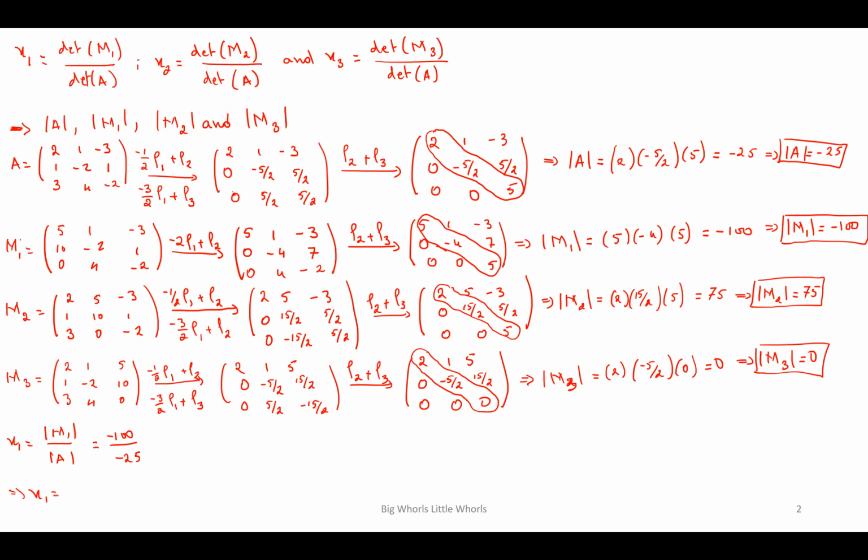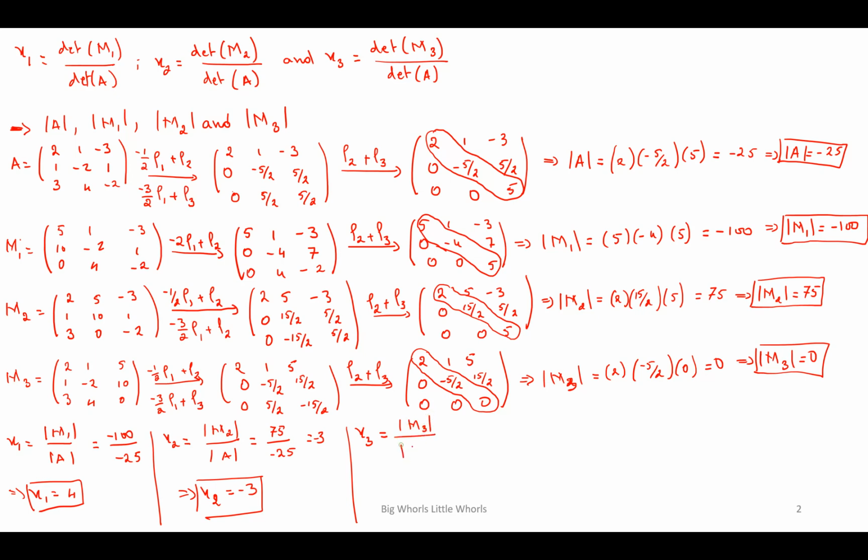So x1 equals 4. x2 is equal to the determinant of M2 over the determinant of A, which is 75 over minus 25, so x2 is equal to minus 3. x3 is equal to the determinant of M3 over the determinant of A, which is 0 over minus 25, so x3 equals 0.